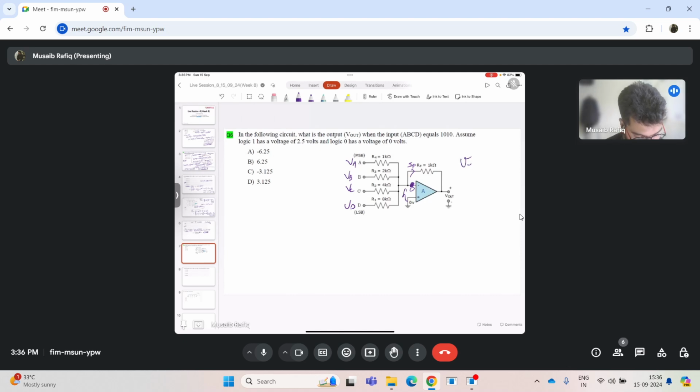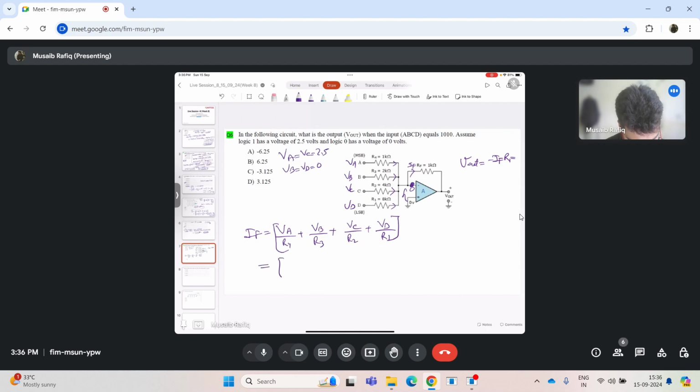First of all, Vout is simply equal to minus IF into RF. And my IF is equal to this current plus this current plus this current plus this, that is VA by R4 plus VB by R3 plus VC by R2 plus VD by R1. As per the given question, VA equals VC equals 2.5, VB equals VD equals 0.